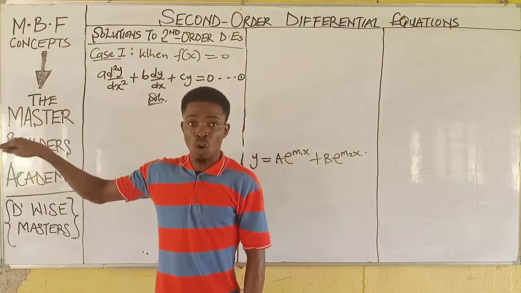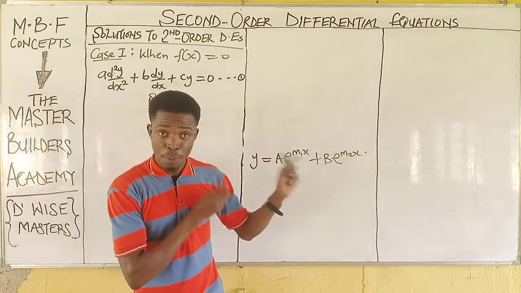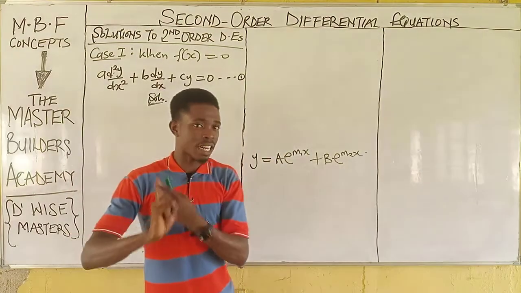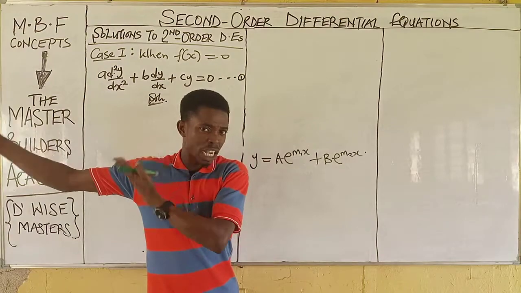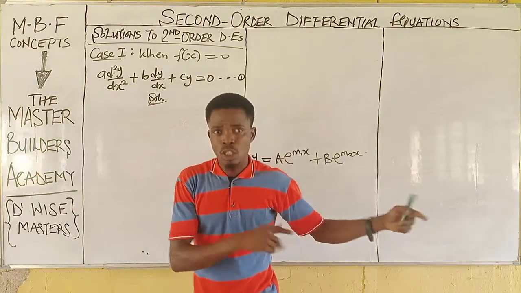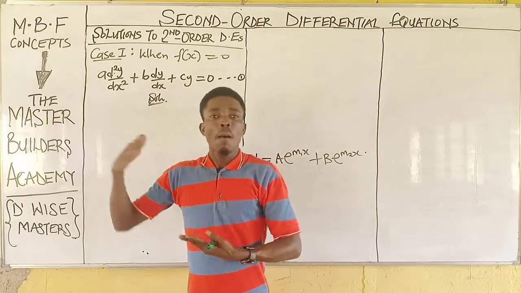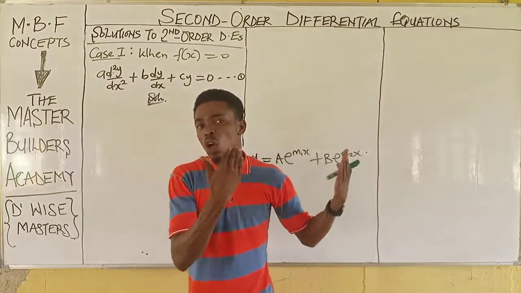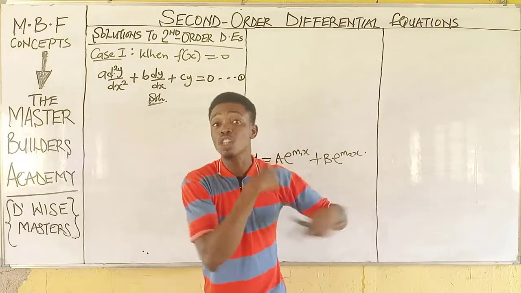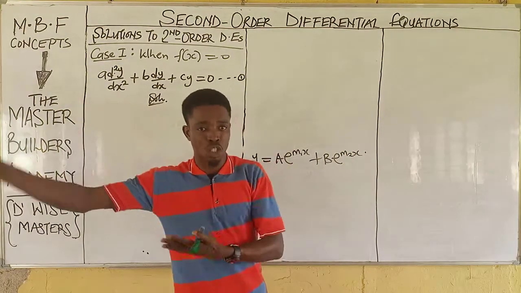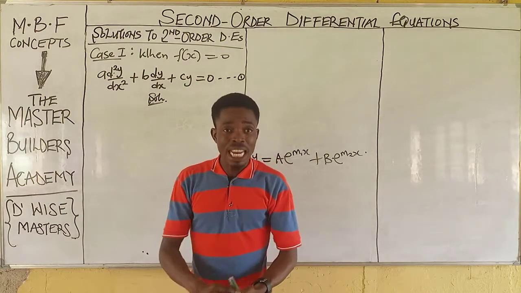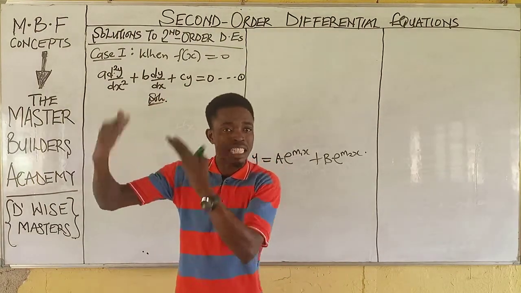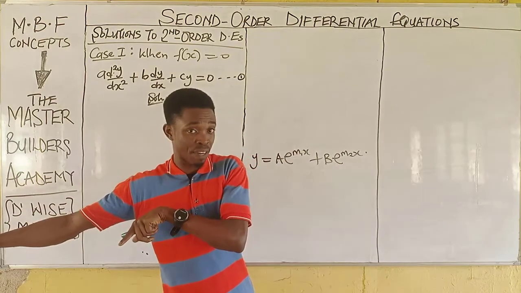When you know boundary conditions, you will not overstep your boundaries, right? So get this clear: for first order differential equations, you integrate to get your final solution. But for second order differential equation, we do not integrate. We only use quadratic equation for case 1, and for case 2, we use quadratic equation and differentiation method.